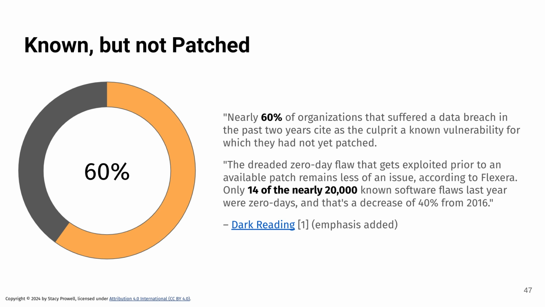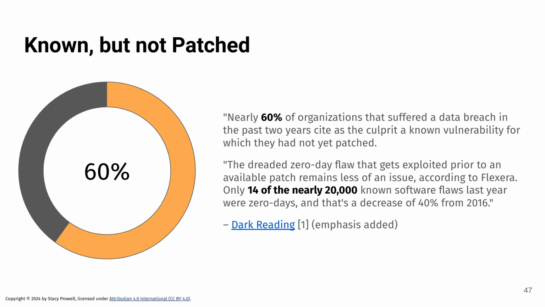So, what about 0 days? 0 days are the scary ones, right? They're the ones that no one knows about. They're going to get you in there. Flexera looked at this and they found that only 14 of the 20,000 known software flaws were 0 days. Not 14,000, not 1,400, 14 out of 20,000.